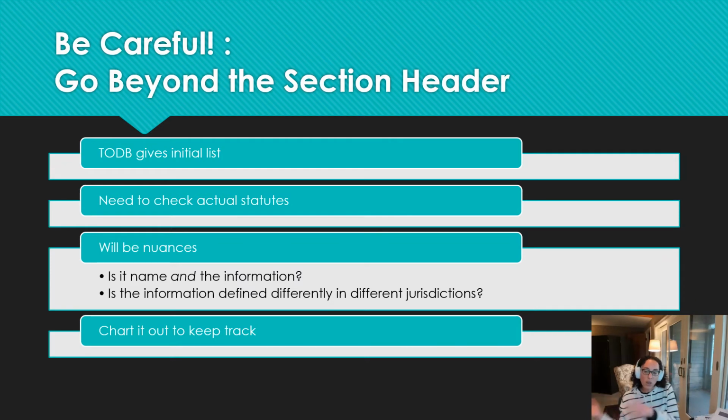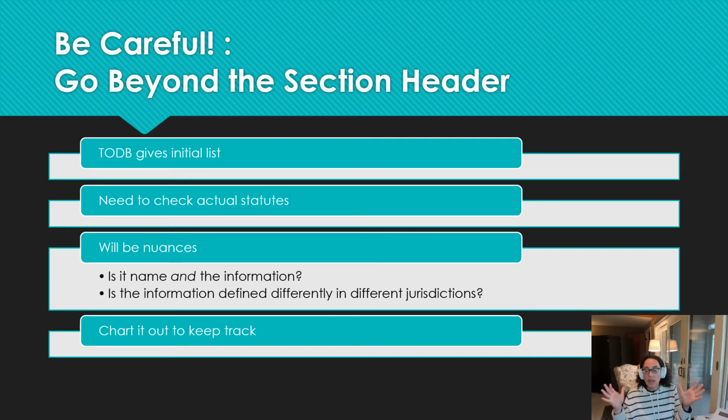But then you need to go back to chapter 9 and look at the specific statute to make sure that you understand and agree with where things fall on the list. And there are going to be nuances. It might not just be government ID that is personal information that if breached would give rise to a duty to notify. It might be the person's name and the information.